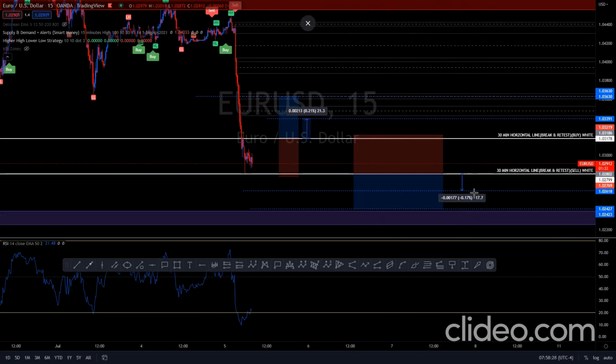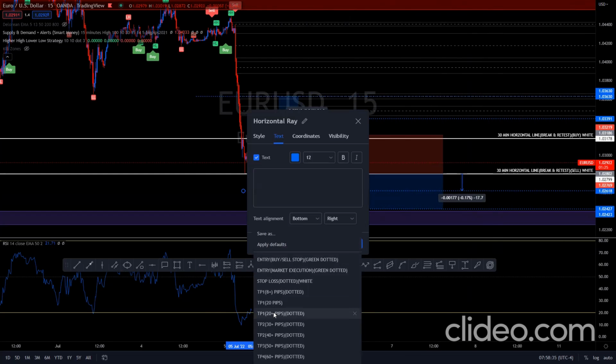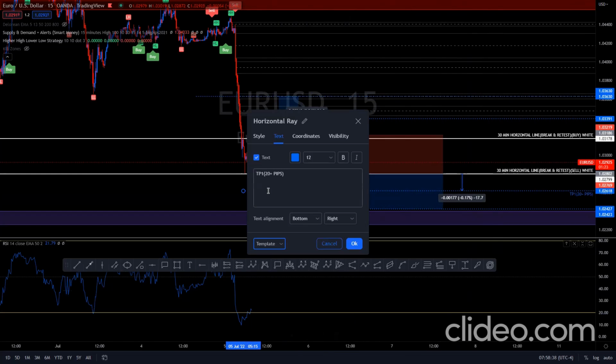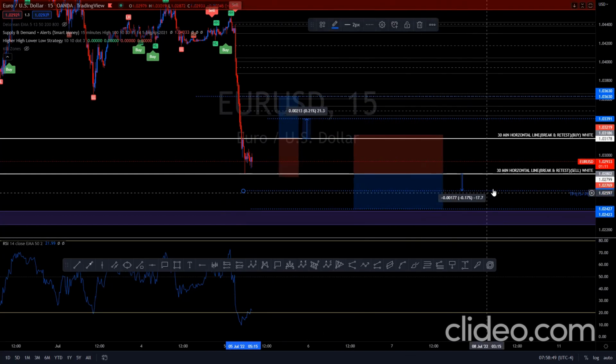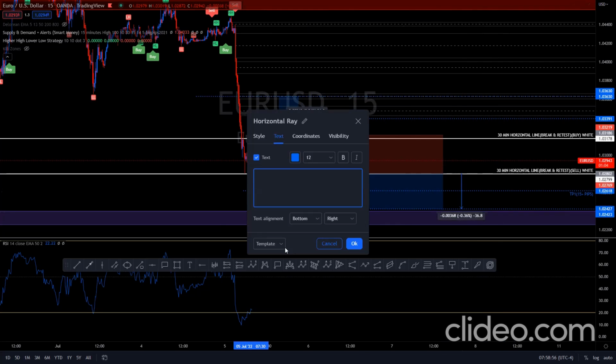Now, let me go ahead and label these take profit zones. So this is going to be 17, let's say 15 plus pips. 36 plus pips.